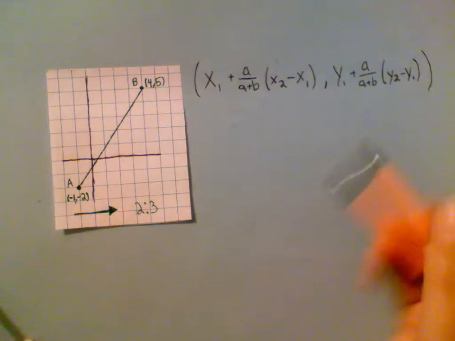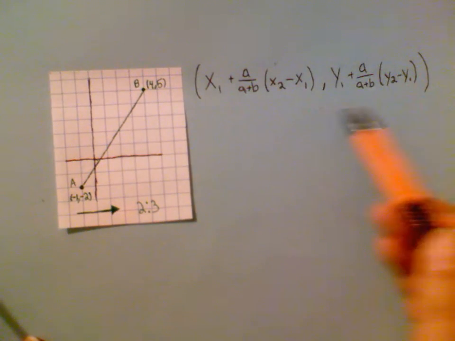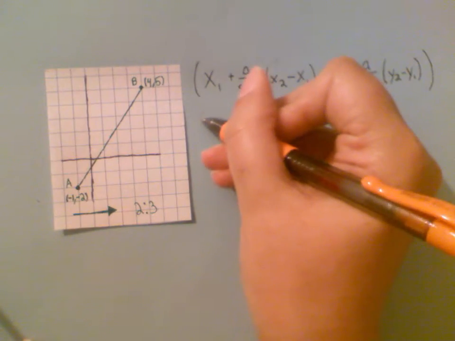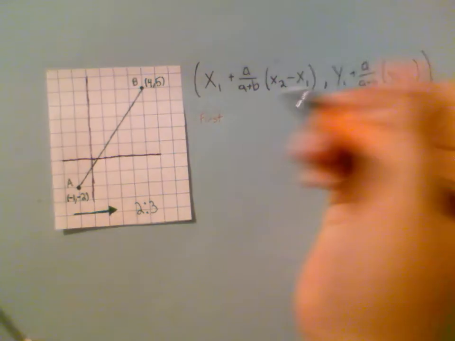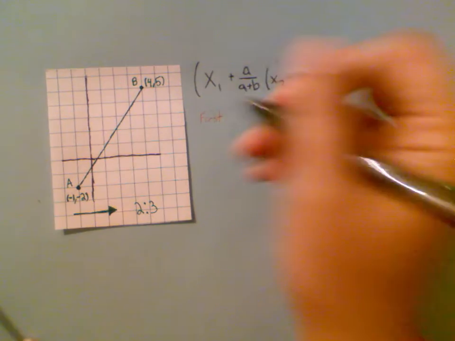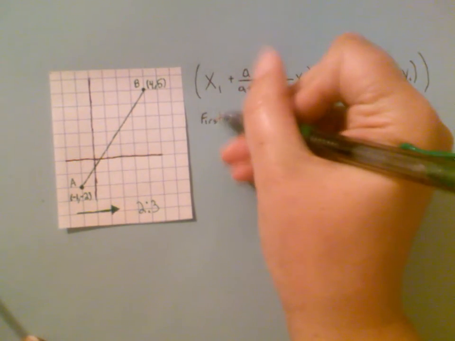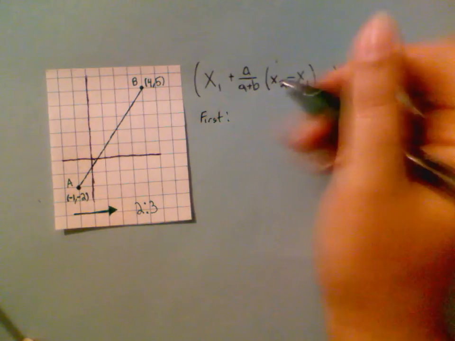So let's list out all of the different things that could go in our formula. So we have our first point. It's not showing up very well. Our first point is -1, -2.